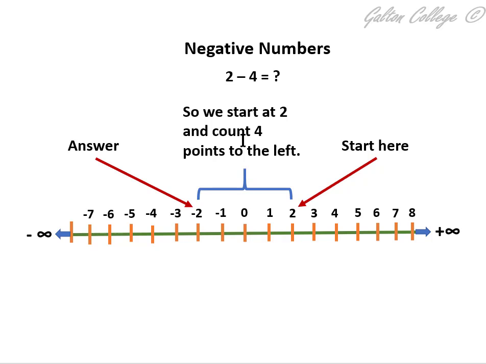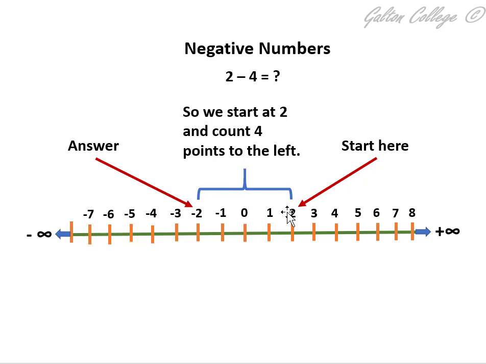So we start and count 4 points to the left. 1, 2, 3, 4. If we have 2 minus 4, we start at 2, we count 4. 1, 2, 3, 4. So the answer is minus 2. So if I have 4 and I move to the left, I'll have minus 2.